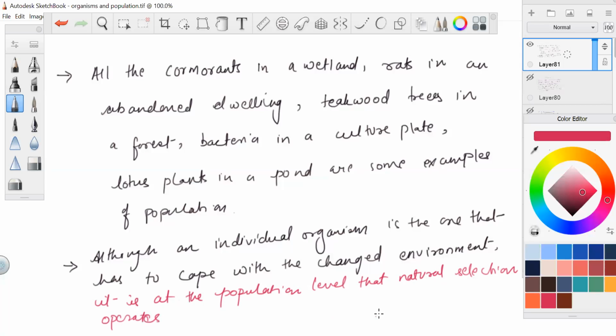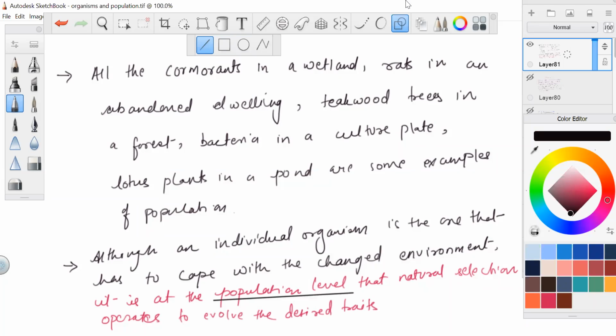Questions can come like this: at what level does natural selection operate? It is at the population level, to evolve the desired traits.